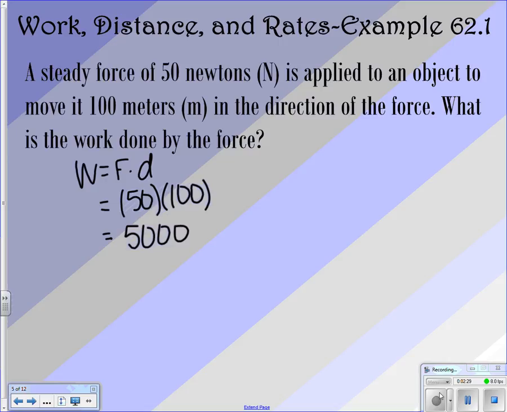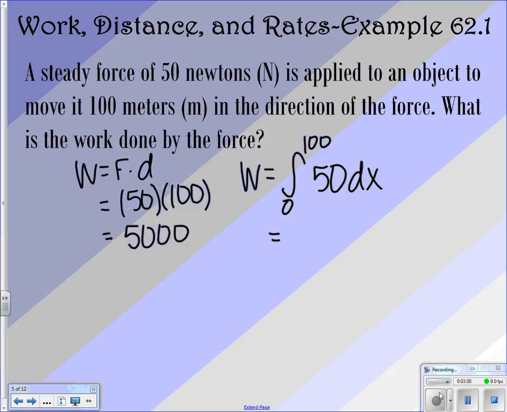Now you may be wondering, how is this calculus? This is physics. What are we doing with calculus here? Well, I'm going to show you how you would actually do this using calculus so that on the next example, when you have to use calculus, you understand what we're going to do. So for your work, you're going to integrate from the distance that you started to the distance you ended, so from 0 to 100, and then you're going to integrate your force of 50 with respect to x.